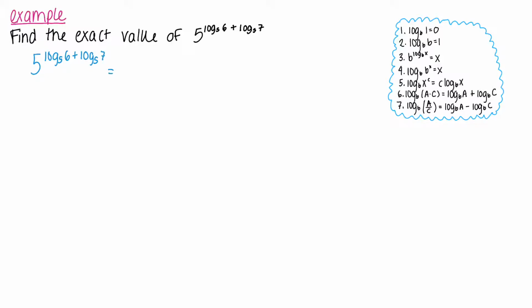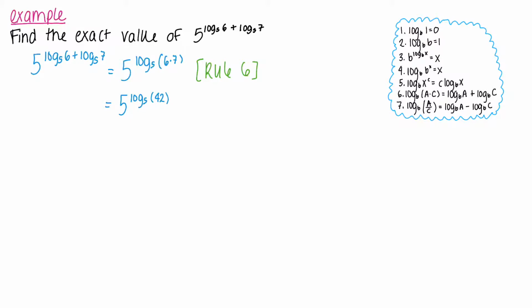And then I'm bringing together those logarithms in the exponent. So now it's log base 5 of 6 times 7. And that was using rule number 6.